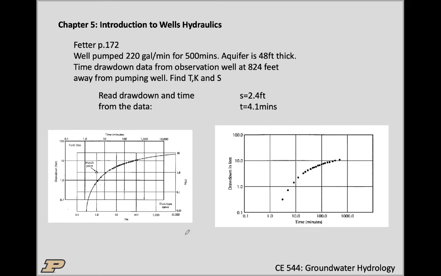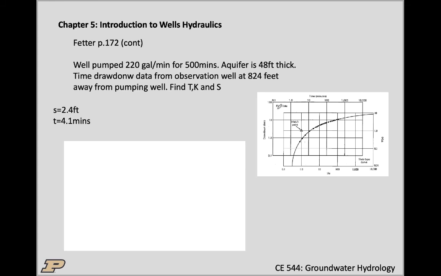Now an example, again, same example, but just actually solving it. I already explained the match point and how we got S and T over there. That was from basically this point here and this point here, that's your s and t, so you read that from the graph.